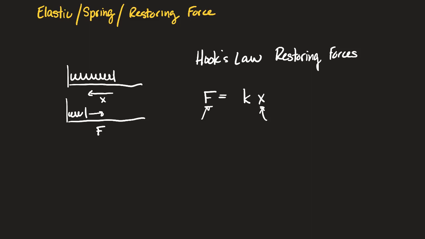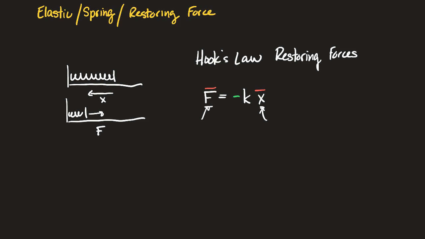Now, to be complete, we need to recognize that X is a vector. I can push in on the spring or pull out on the spring. Force is also a vector. To be clear, we have to make sure we put a negative sign here.